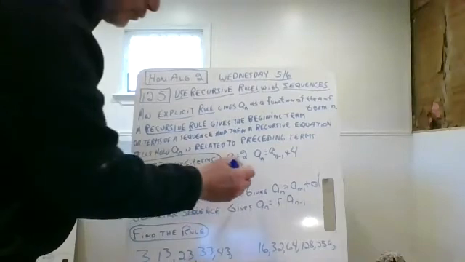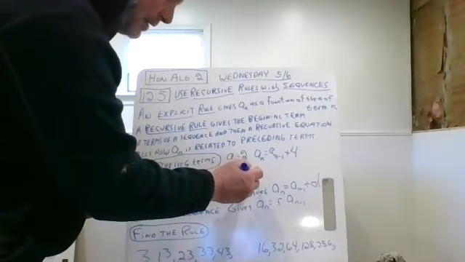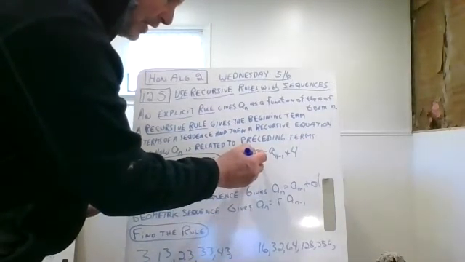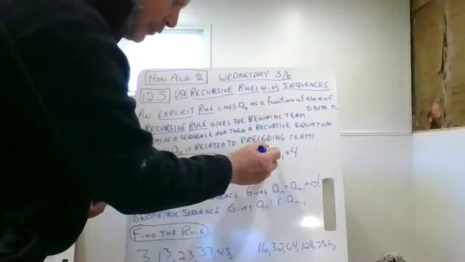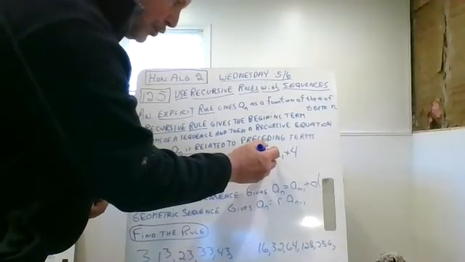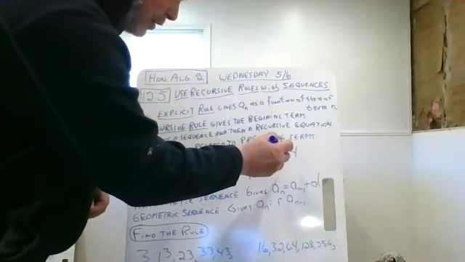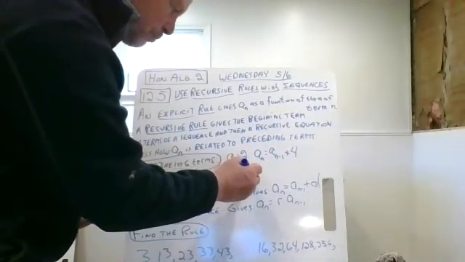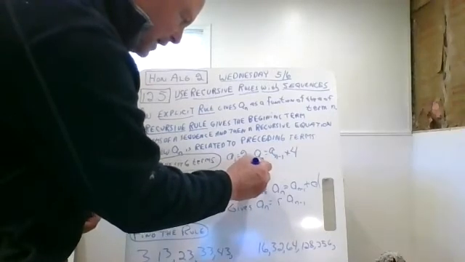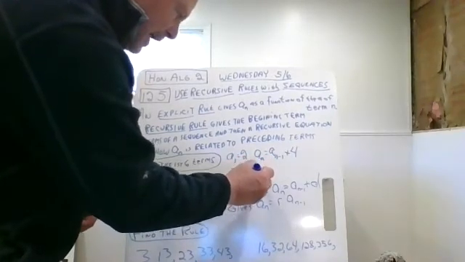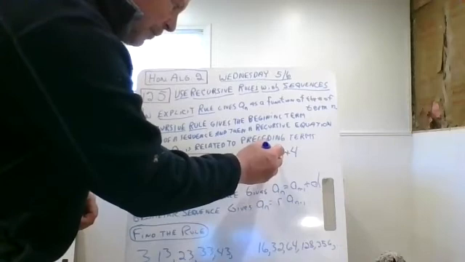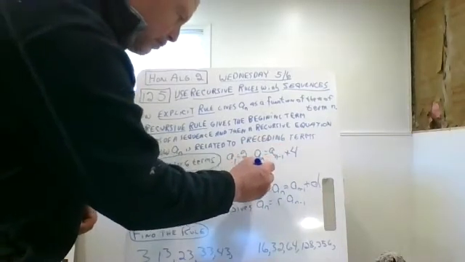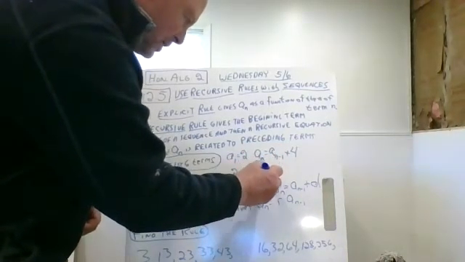The next term would be a sub 3. And a sub 3 is going to be a sub 3 minus 1, a sub 2, plus 4. So the next term is the preceding term plus 4. You get 10. A sub 4 is a sub 3 plus 4. 10 plus 4, 14.